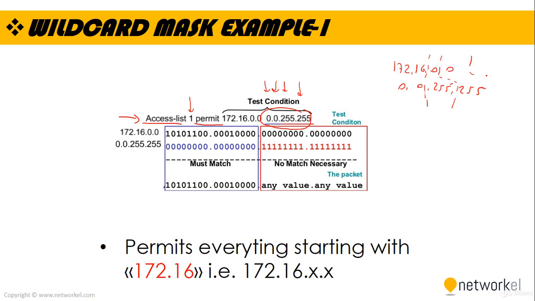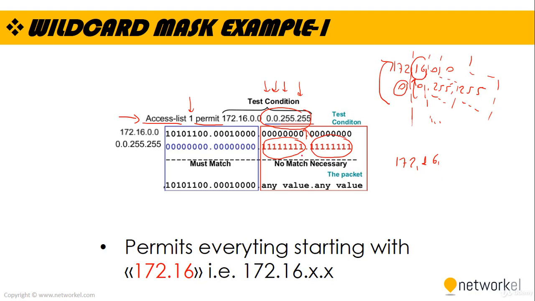What I told you is, if we are using a 0, that means we need to focus on the related bits. As you can see, I have a 0 and I need to focus on 172. Here we have another 0 and we need to focus on 16. On the last two octets, we have just ones for the 255, as you can see in the binary version, and that means we need to ignore those bits.